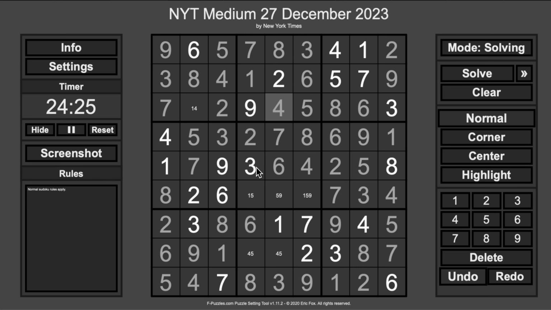That's supposed to be a 4. This is a 1. There's a really bad memory leak going on. 5, 9, 1, 4, and 5.